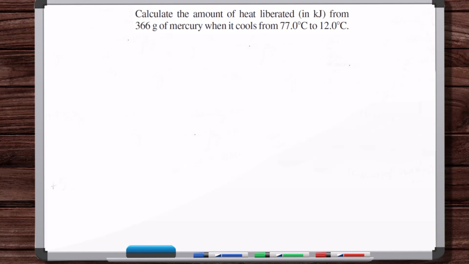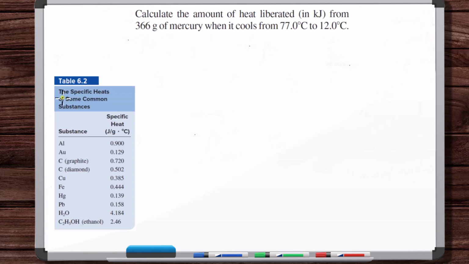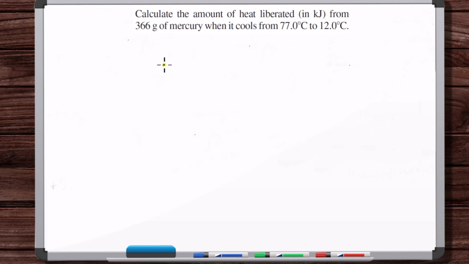So if we look in the chemistry textbook, we see there's a table that lists some common specific heats. Mercury, 0.139 joules per gram degrees Celsius. Okay, so this is the specific heat of mercury.